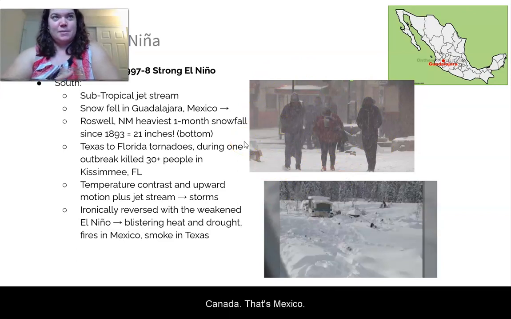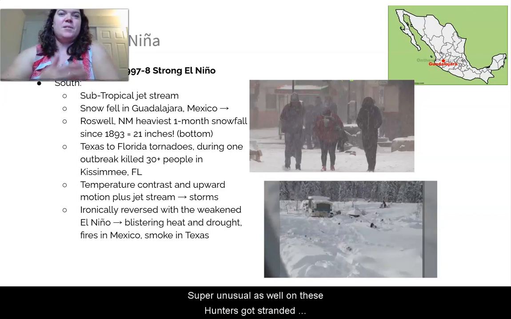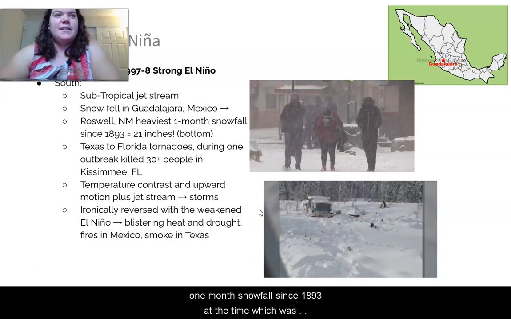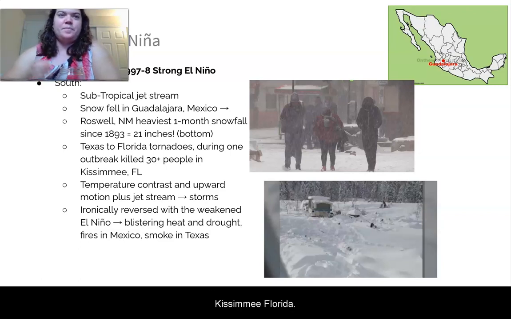It's not Canada, that's Mexico. Super unusual. Now, back to Roswell. These hunters got stranded because they actually experienced their heaviest 1 month snowfall since 1893 at the time, which was 21 inches. From Texas to Florida, there were tornadoes, including an outbreak that killed 30 people plus in Kissimmee, Florida.